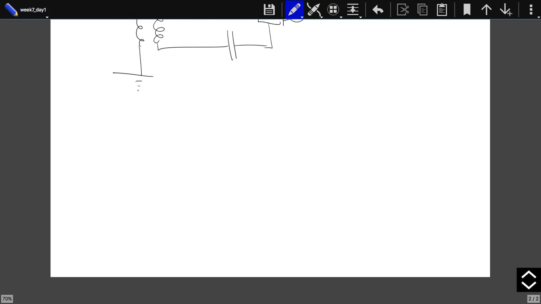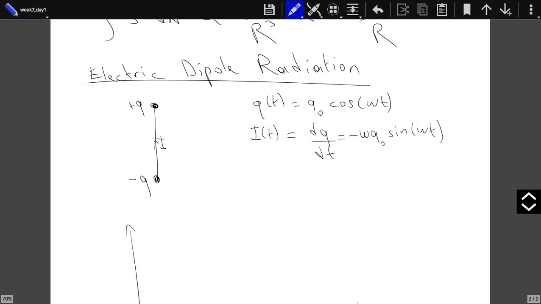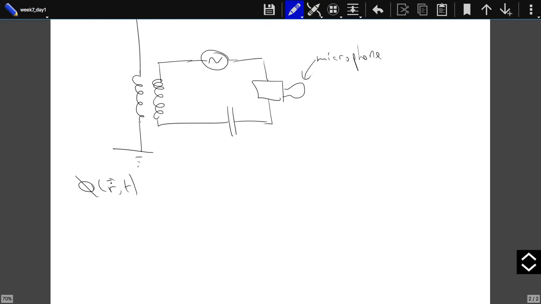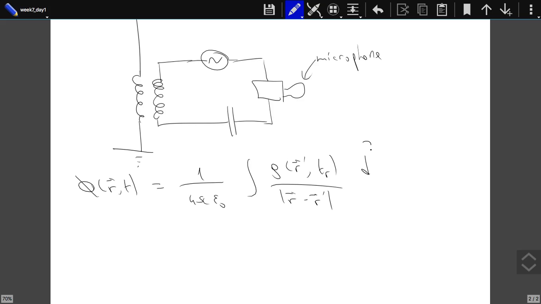Okay, now let's start with the potential. Now I will have such a system. We know that the potential at a given point is 1 over 4 pi epsilon 0, integral of rho of r prime, t_r divided by the magnitude of r minus r prime, d cubed r prime.